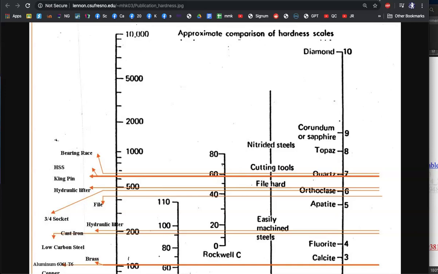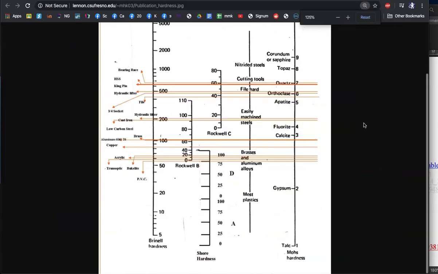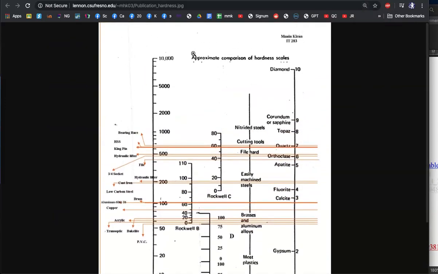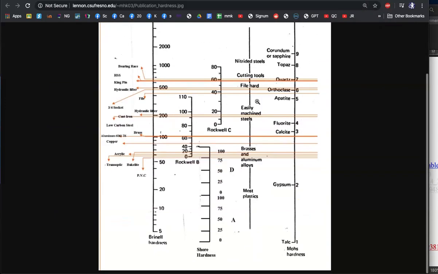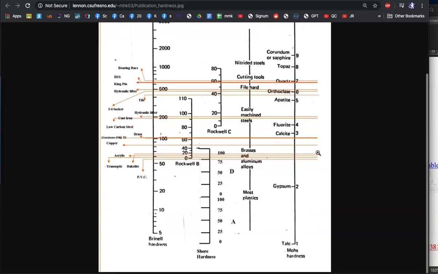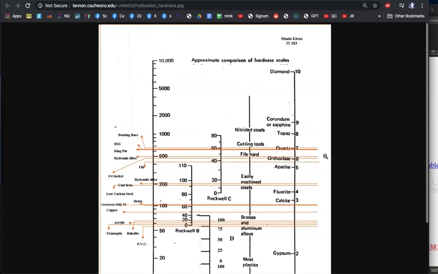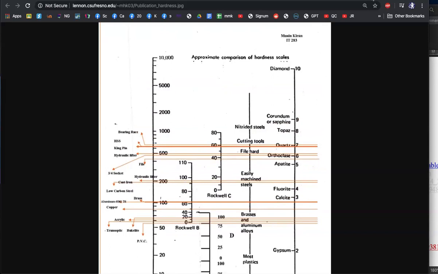So the idea as well, we can compare. Diamond is way up here on the Brinell test, and then gypsum is way down here. This is logarithmic, so diamond is a lot stronger. If we see here, diamond is 5 times harder than the next step down.